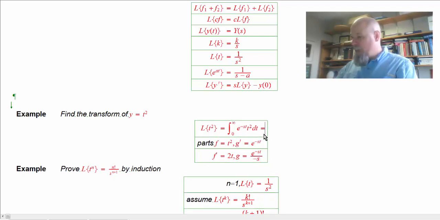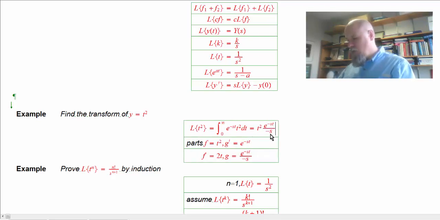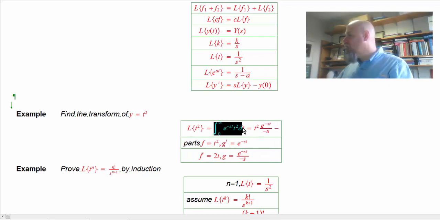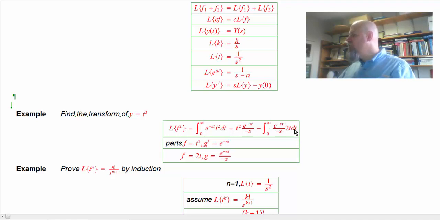So that's going to equal f times g minus the integral of the two things I made, 2t and this piece here. Okay, so now I just have to do this integration.